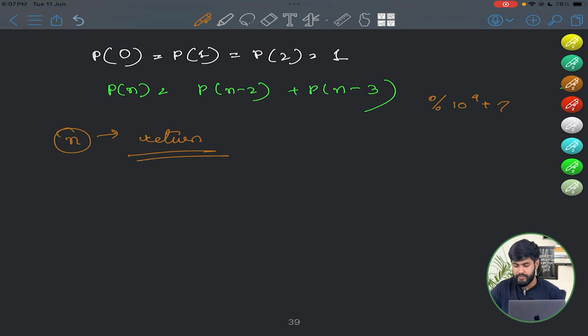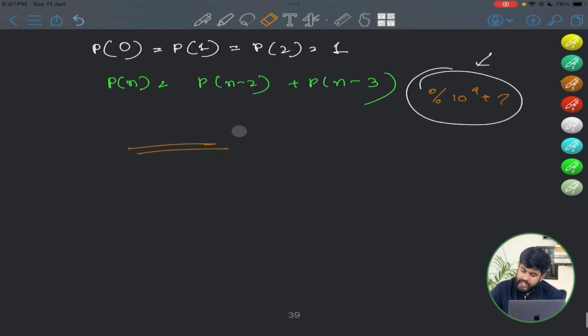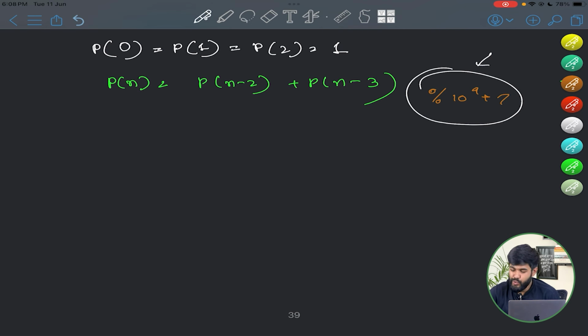Let's first solve this problem, and towards the end we will talk about this modulo thing. We can use this recurrence solution and produce the result. Let's find the values till 7 or 8.